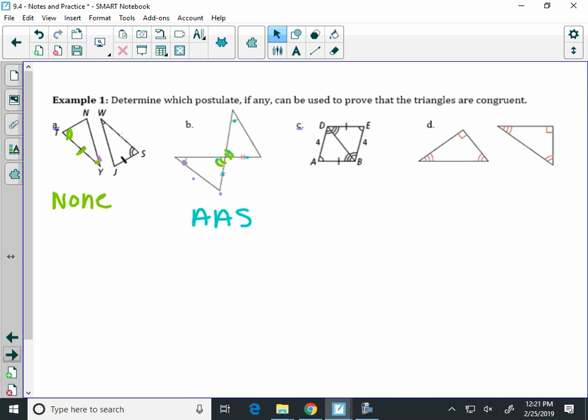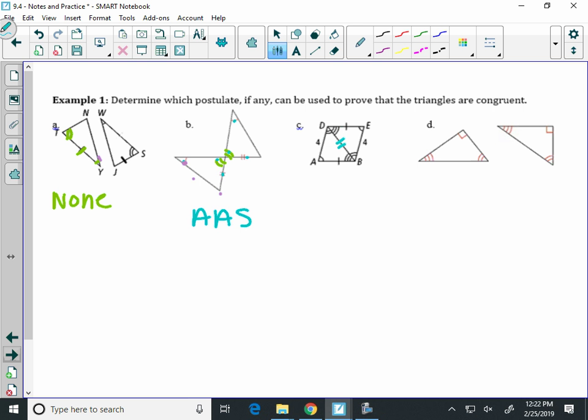And what can be used in C to state that these triangles are congruent? Might be more than one. What's one of them? What shortcut? They share a side. Okay, I'm going to mark it.